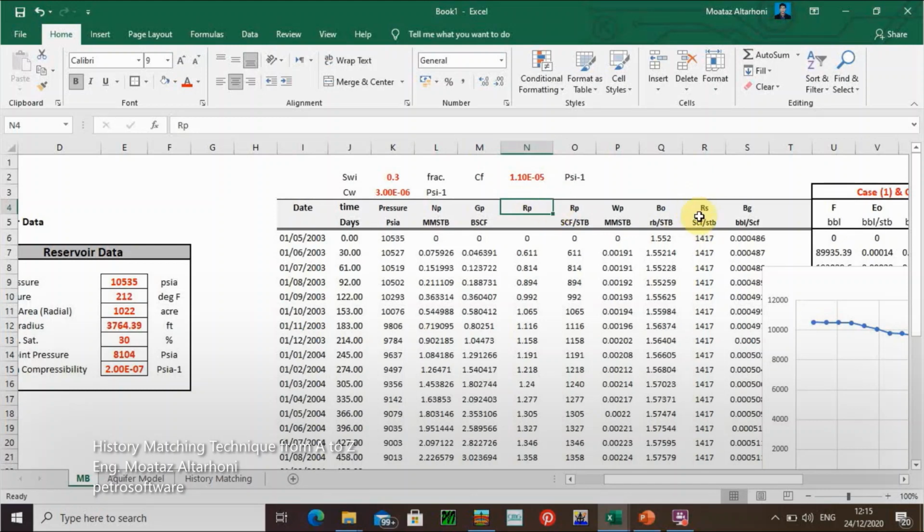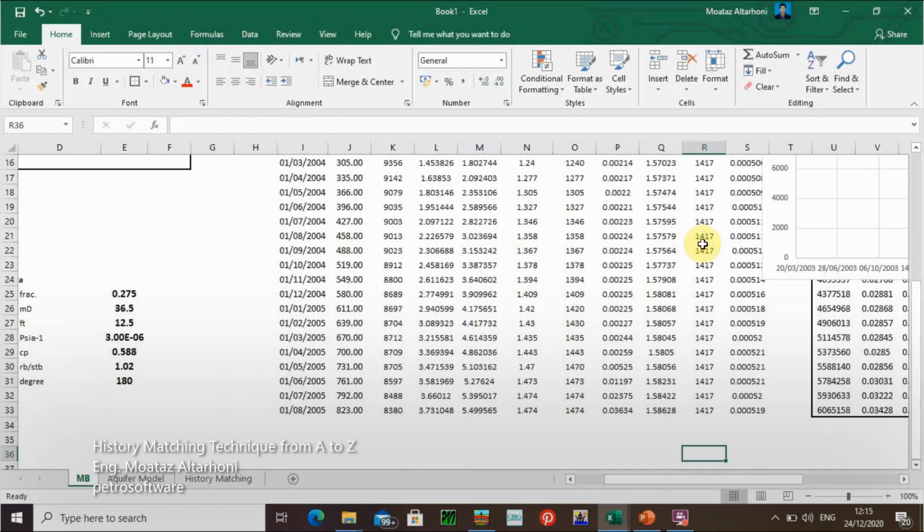We know Rs, that means above bubble point it's 1417 standard cubic feet per stock tank barrel. This value will be constant until bubble point pressure, and then will decrease.